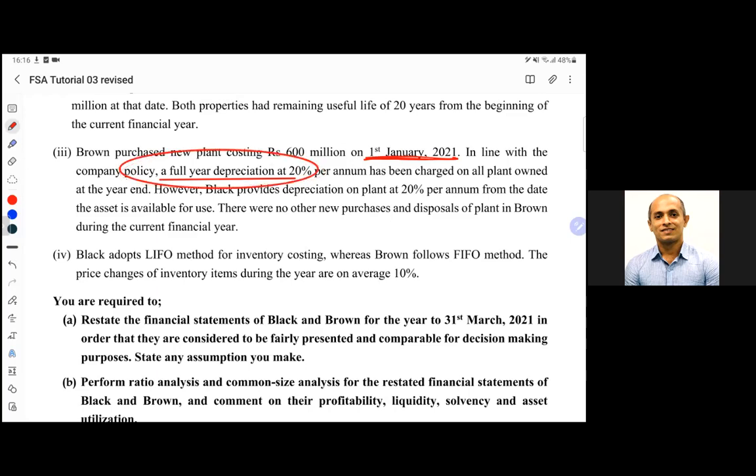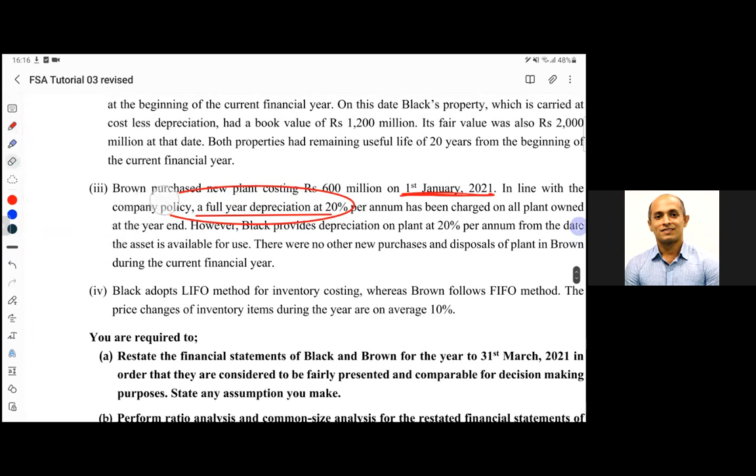Now how much over provision? How much depreciation was charged by the company? 600 multiplied by 20%. So the company has charged depreciation of 120, a full year's depreciation.